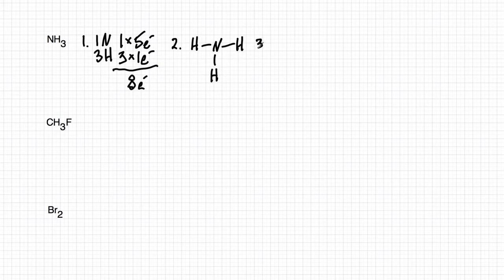For step 3, this is our counting step. We started in step 1 with 8 electrons, and if you count, we have 2, 4, 6 electrons in our trial structure. That means we're missing 2 electrons.